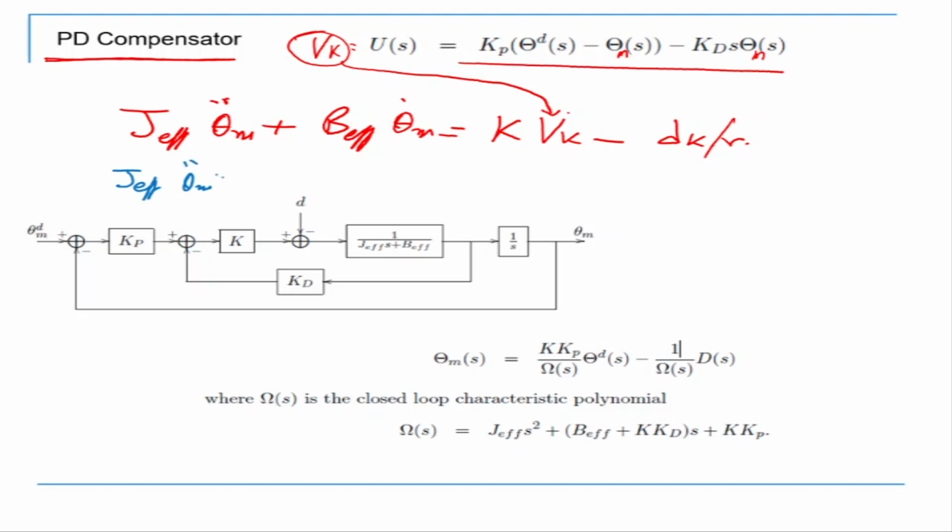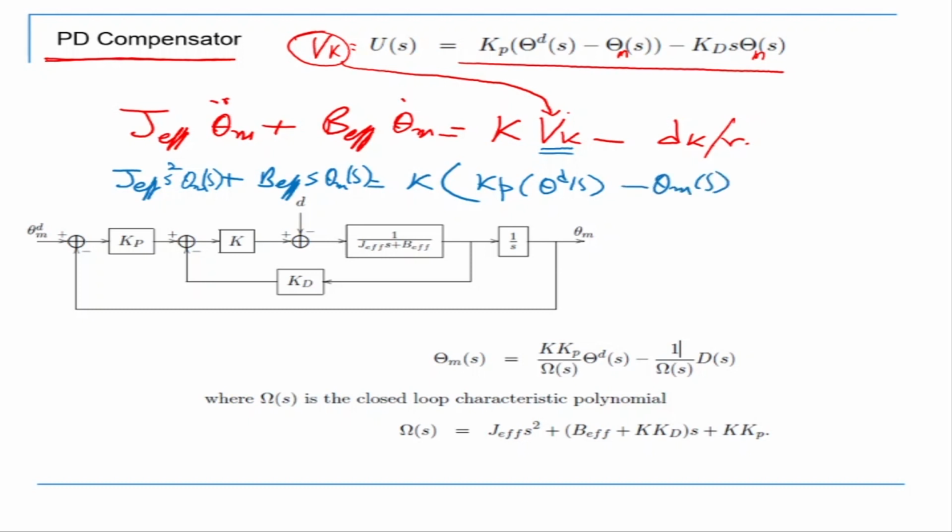J effective into theta m double dot plus B effective theta m dot is equal to K into my Vk, which is equal to Kp into theta d s, minus theta m s, minus Kd into s theta m s, minus dk by R. This is in S domain, so I convert to S domain: s squared theta m s and s into theta m s. So this was my equation.